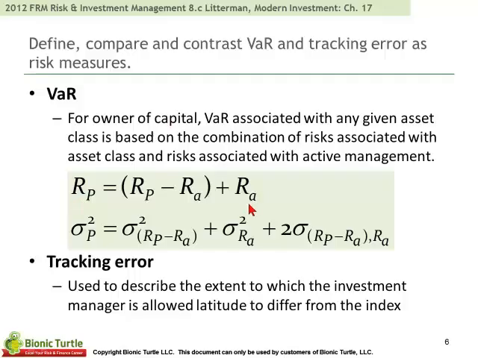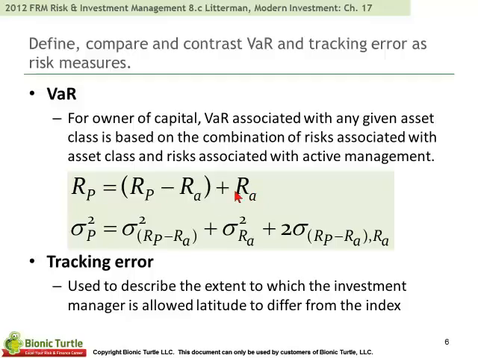So here is Litterman's decomposition, return of the portfolio. He just decomposes the difference between the portfolio and the benchmark. And then if we parse the portfolio returns into those two components that are additive, see how this is really the active return here, and then this is just the return of the benchmark.